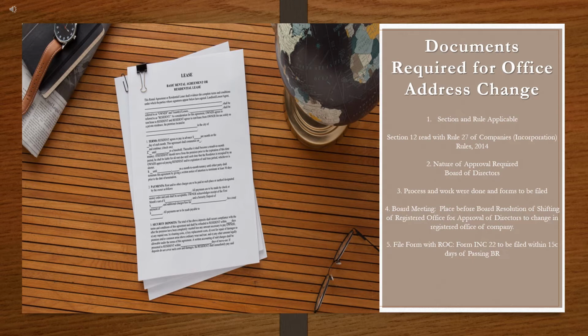Fix date and time for the EGM and place the draft notice of the extraordinary general meeting before the board. Call and hold the EGM, send notice for the EGM and pass the special resolution at the EGM. File form INC-22 with ROC within 15 days of passing the special resolution and file MGT-14 for the special resolution.